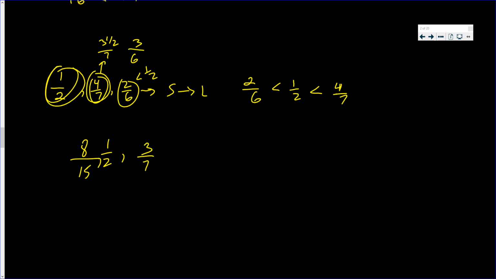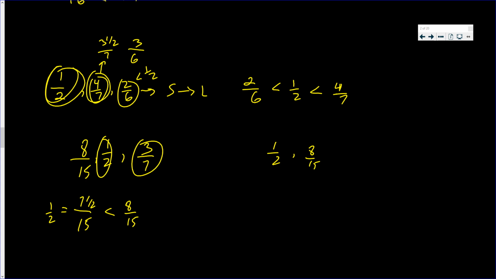You have these 3 fractions, and you want to put it in order from smallest to largest. Well, clearly that's a half. Now, when it comes to 15, half of 15 is 7.5. Okay, but we have 8/15, so that's going to be larger than a half.